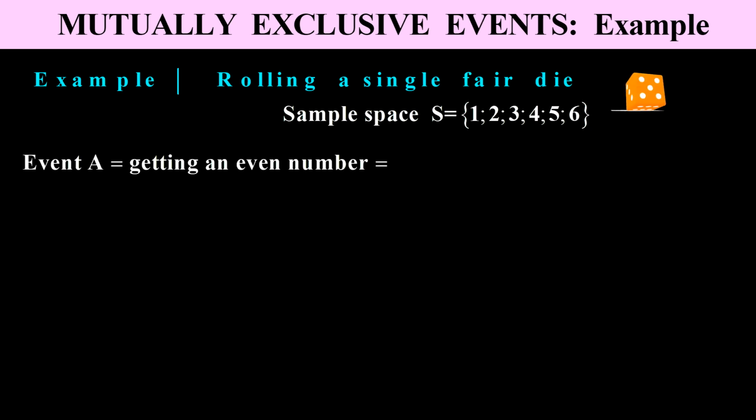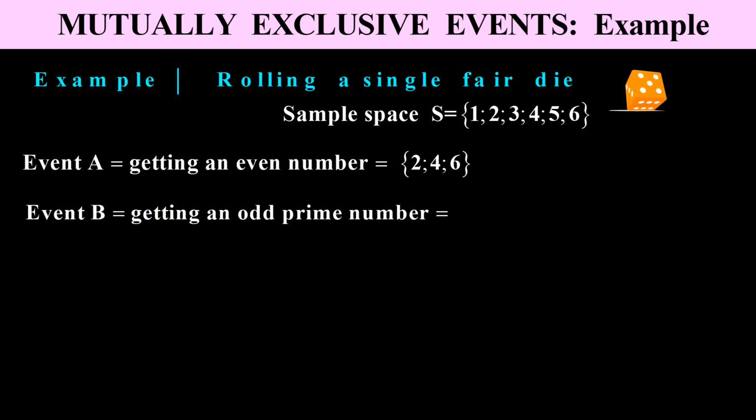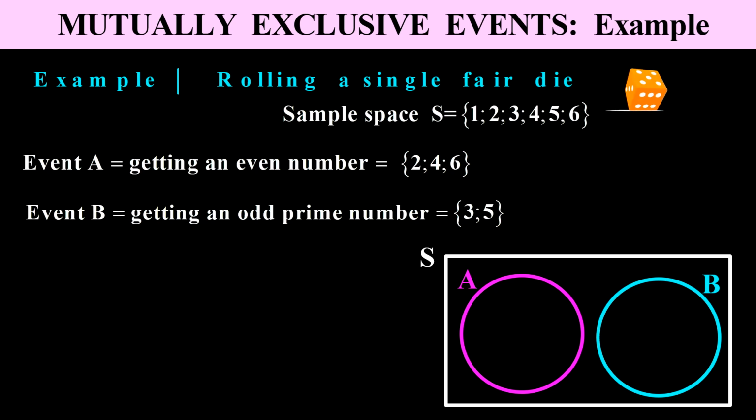Now let's look at another example. Here we're going to have the rolling of a single fair die. We know the sample space would be 1, 2, 3, 4, 5, and 6. Consider the one event, getting an even number. What would the outcomes be? A 2, a 4, or a 6. Event B, getting an odd prime number, the outcomes would be 3 and 5. Now what do you notice about that? 2, 4, and 6, and 3 and 5. That's right, they've got nothing in common. So that's how we represent them.